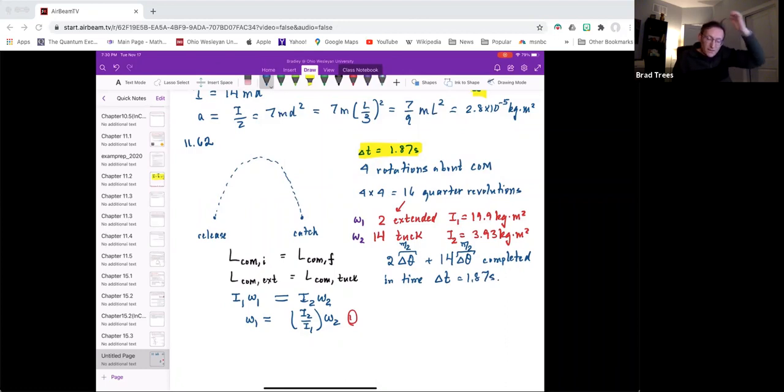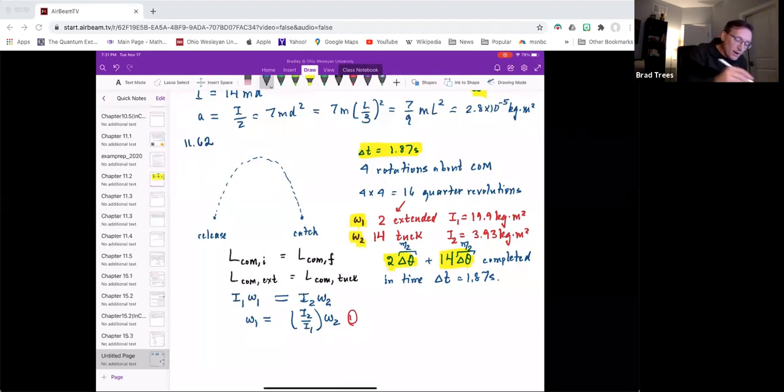Now, how much time to complete these revolutions? The extended ones are completed at the rate omega 1, and the tuck quarter revolutions are completed at the rate omega 2.